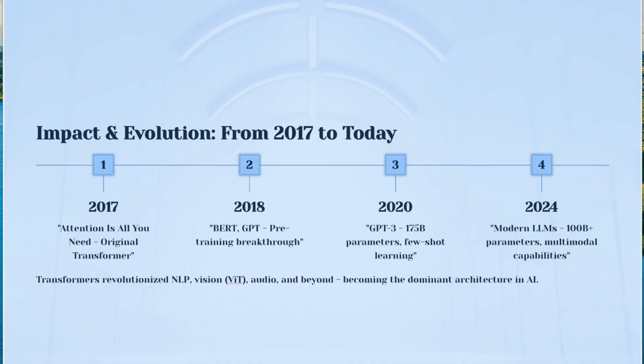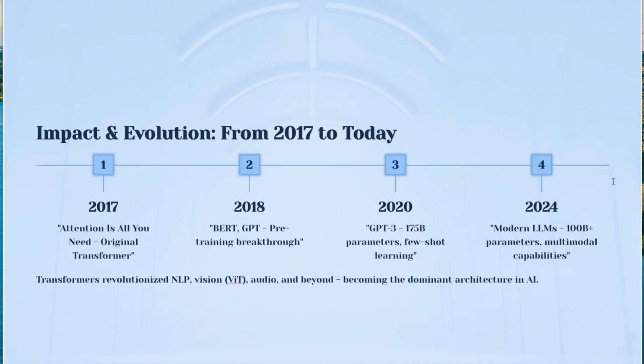The first transformer paper came out in 2017, called Attention Is All You Need. This paper introduced the original transformer architecture and showed for the first time that attention alone was sufficient to model sequences without using recurrence or convolution. What started as an architectural experiment quickly became a foundational shift in how we build models today.